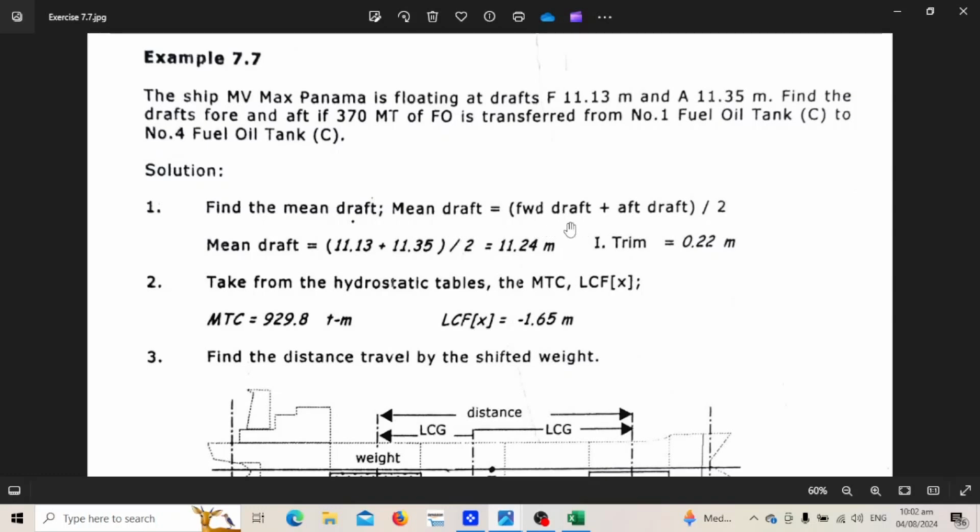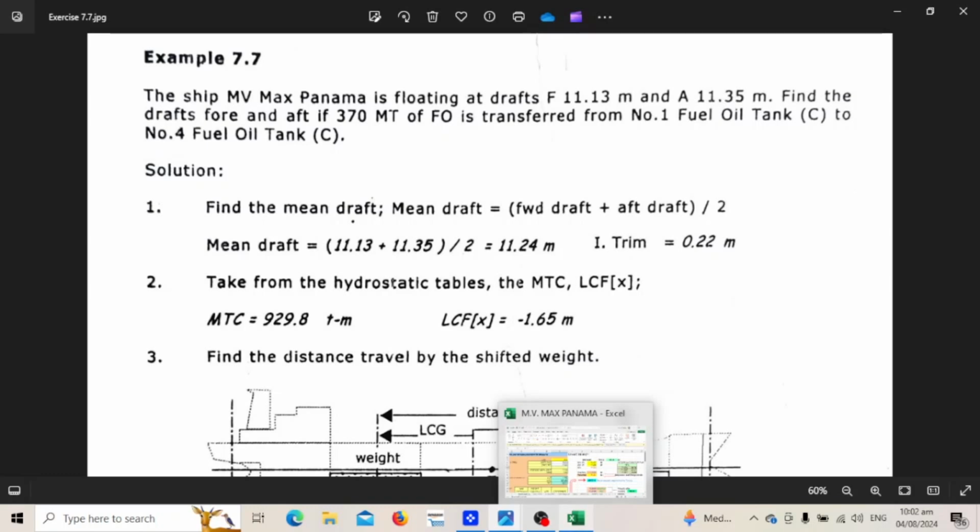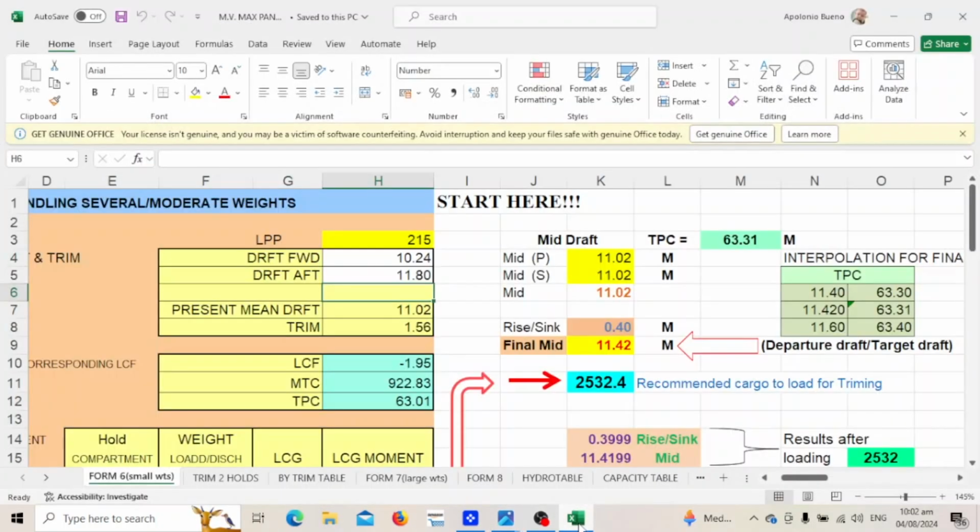Mean draft is forward plus aft draft divided by 2. So the forward draft is 11.13, the aft draft is 11.35. You add these and divide by 2, then you have a mean draft of 11.24. Okay, so we'll just do this by the program. The forward draft is 11.13 and aft draft is 11.35.